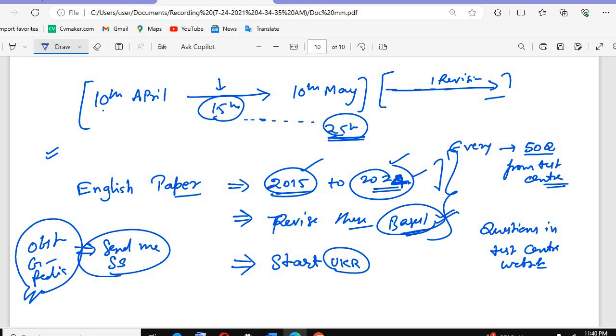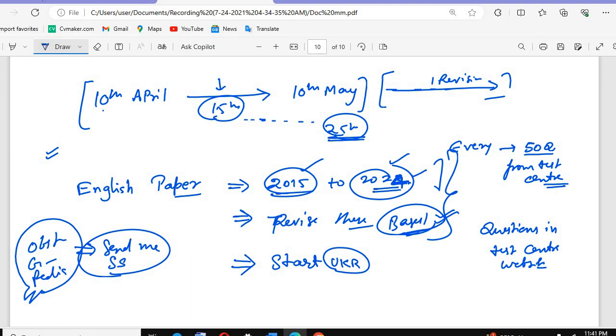So you just translate it in Google Chrome or whatever browser you are using, and once you open that Ukrainian paper, the whole paper will be translated. There will be a few word translation problems, but you will understand those things very clearly. But first you need to finish those English papers, and start the Ukrainian paper after that.